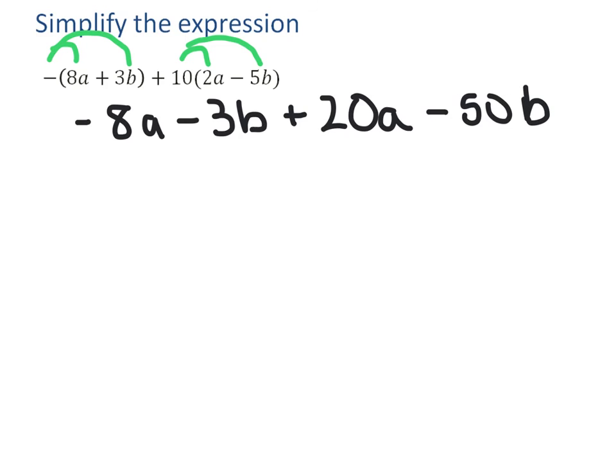Now from there, we're going to identify our like terms. So we have negative 8a as well as 20a. And we also have negative 3b as well as negative 50b.